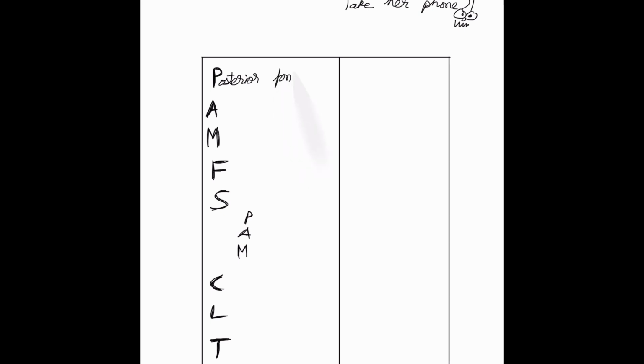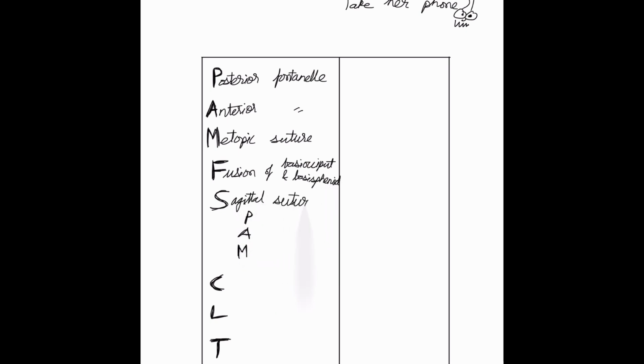So we start with the posterior fontanelle, then the anterior fontanelle, then the metopic sutures, then the fusion of basi-occiput and basi-sphenoid, and then the sagittal suture, in which you have the posterior 1/3, anterior 1/3, the middle 1/3, then the coronal suture, lambdoid suture, and finally the temporoparietal or temporal suture.